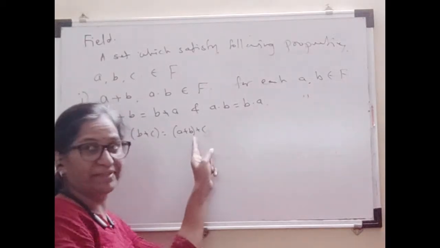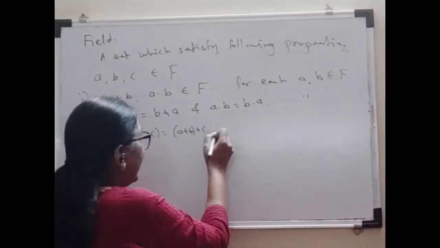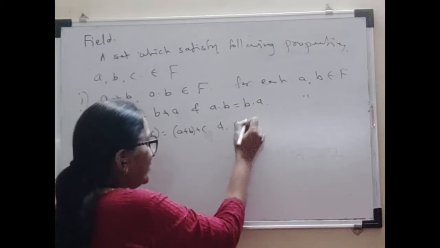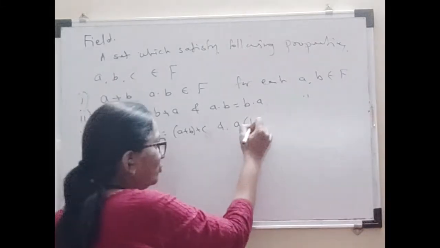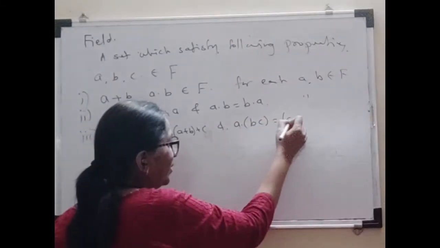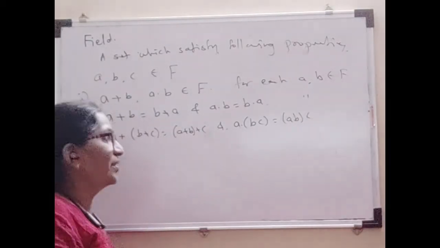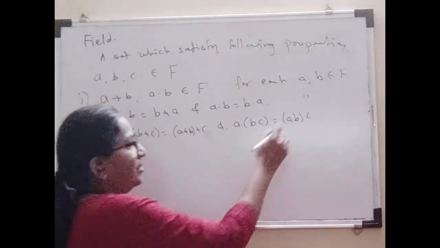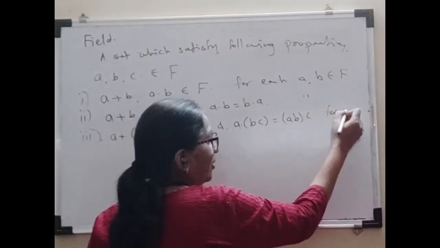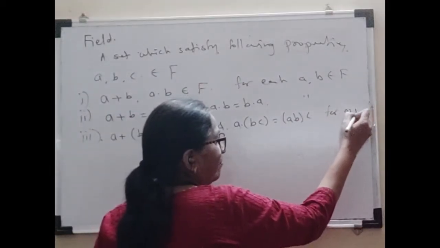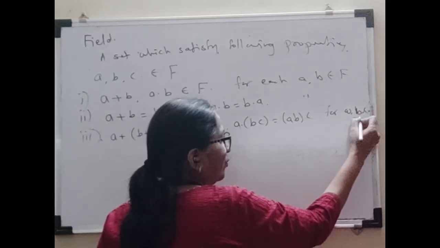This is associativity with respect to addition, and in the same way associativity with respect to multiplication, a into bc should be equal to ab into c, for all a, b, c belonging to F.